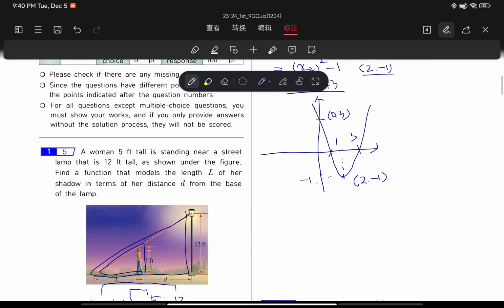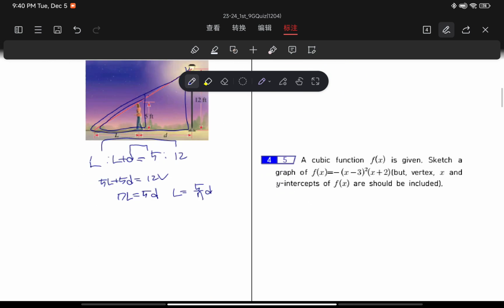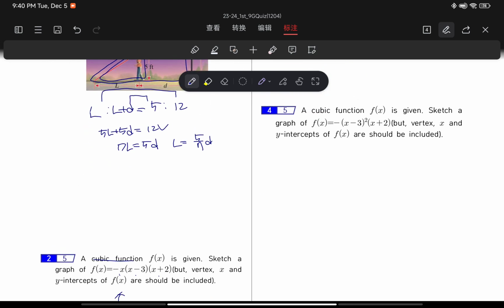Okay, number 4. This function is a cubic equation and the leading coefficient is negative. So this function looks like this. Here's the x-axis, but there are only 2 roots, because at x equal to 3, this function is tangent to the x-axis. So here's 3.